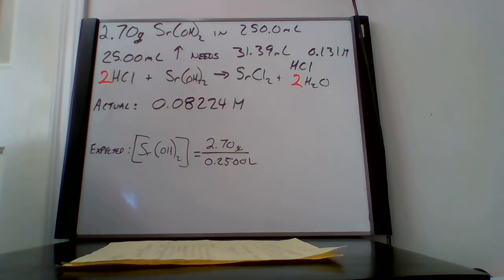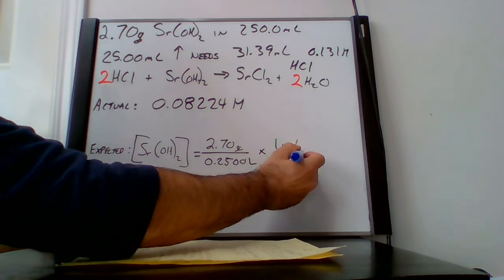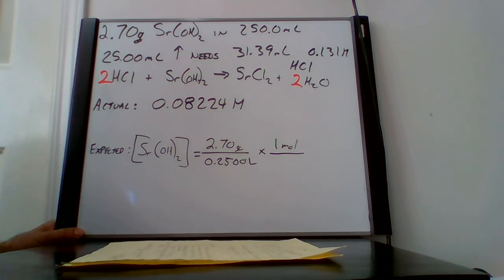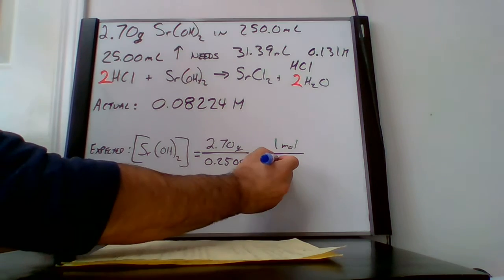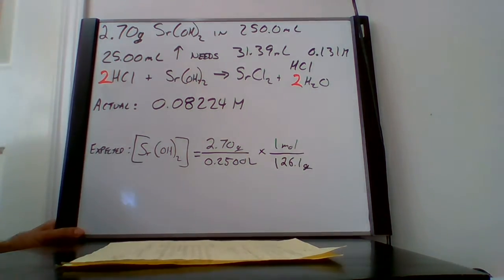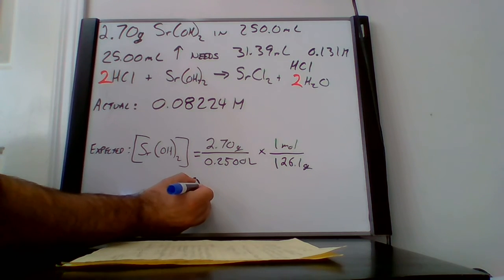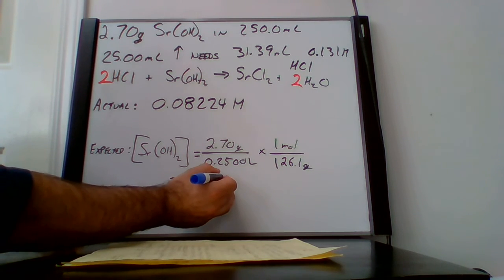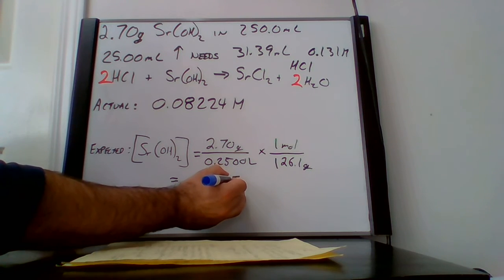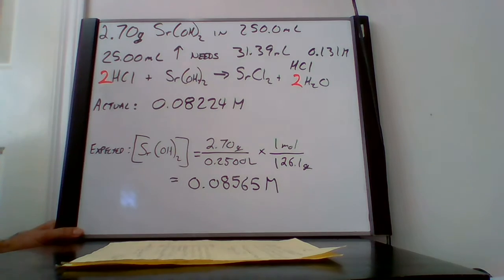We had moles per liter. So I've got to multiply this by the inverse of the molar mass. For strontium hydroxide, that is 126.1 grams per mole. This will give me moles per liter, or concentration, and our expected value is 0.08565 molar.